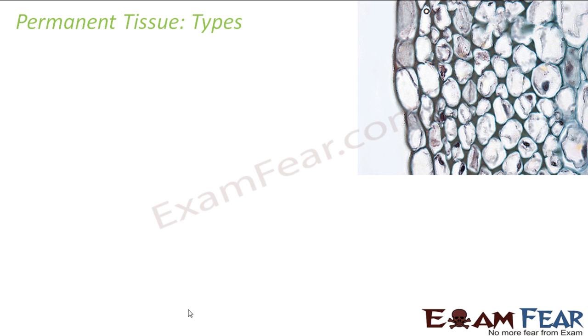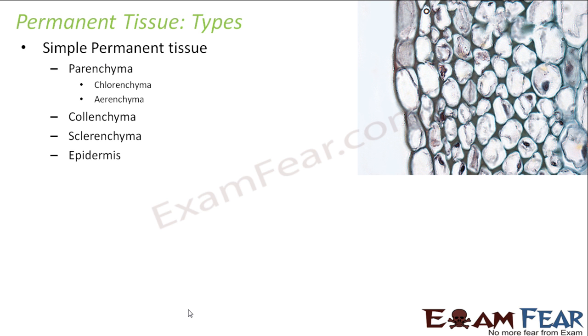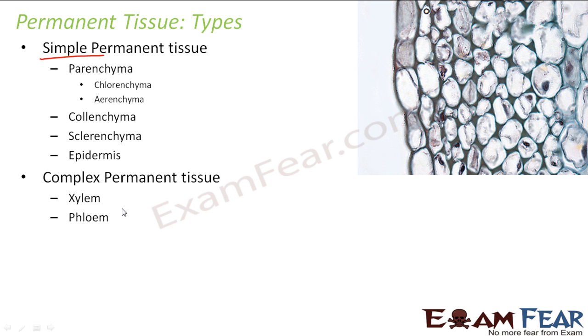Now let us look at the various types of permanent tissue. We were talking about the permanent function which a permanent tissue performs, so let us look at the different types and see the specific functions performed by each type. Broadly, permanent tissue is classified into two types: simple permanent tissue and complex permanent tissue.